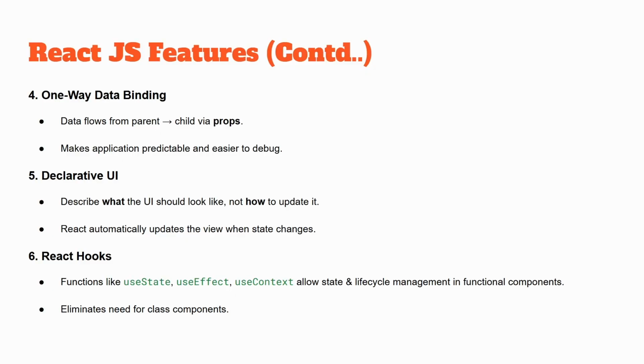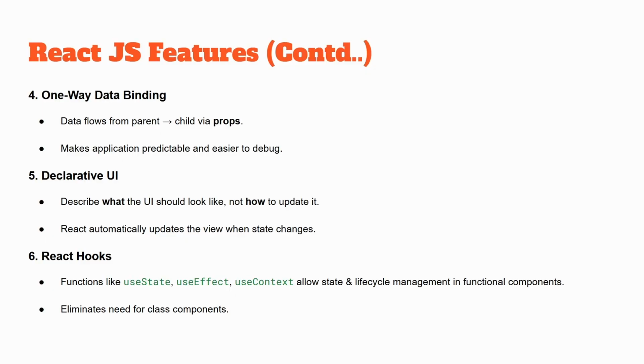Next, declarative UI. Whenever we deal with states in case of React, it has a declarative UI. That means whenever the state changes, it updates all the components related to it automatically. That is one of the features of React.js.